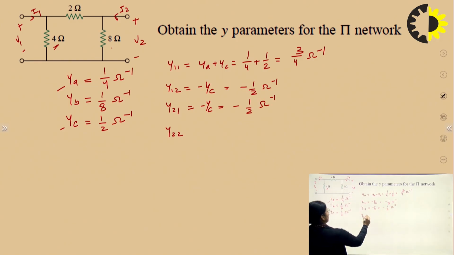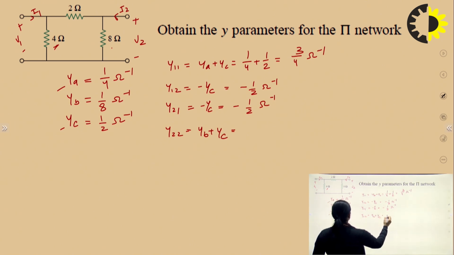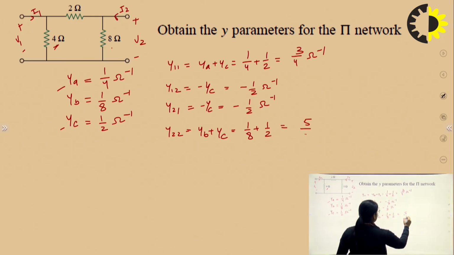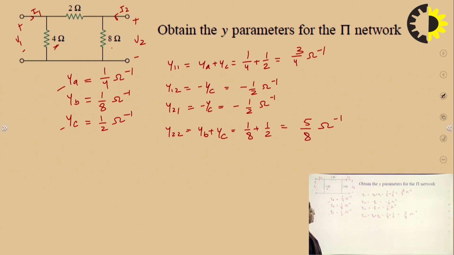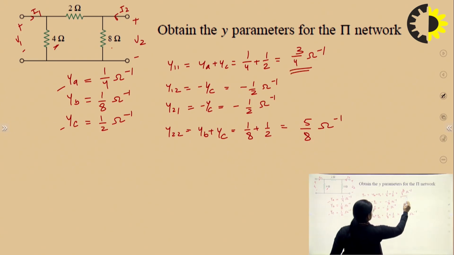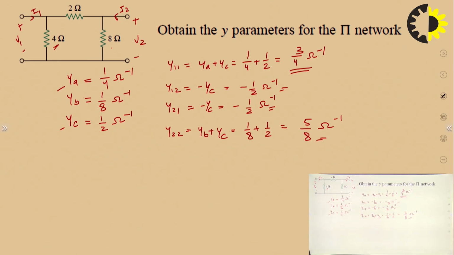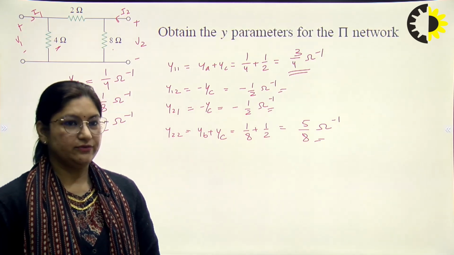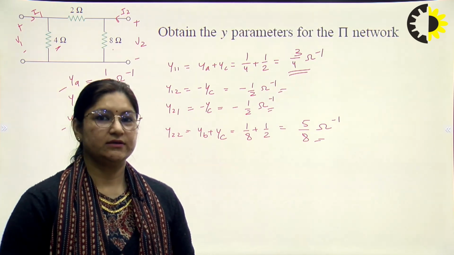And Y22 will be equal to YB plus YC, which is 1 by 8 plus 1 by 2, equal to 5 by 8 ohm inverse, right? So, these are the answers. Using KCL, we can solve this. We will come with another lecture next time.